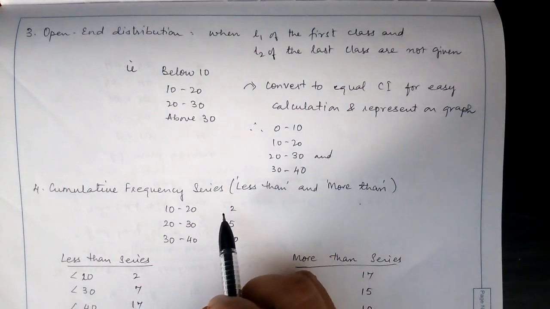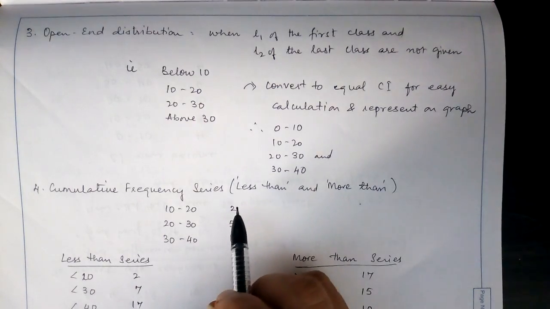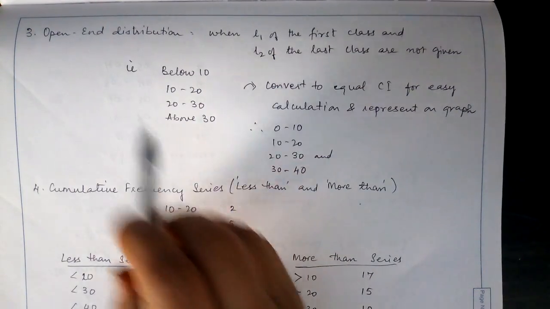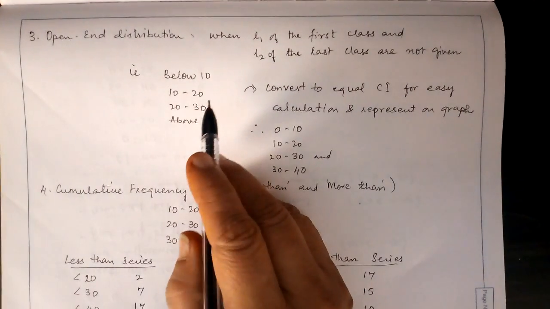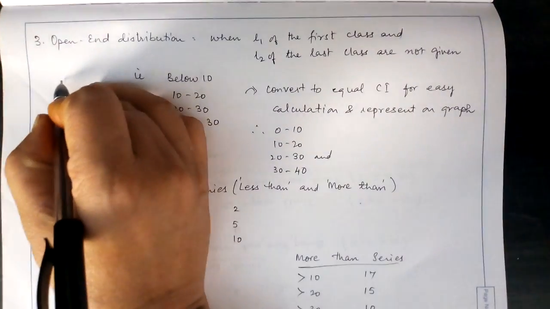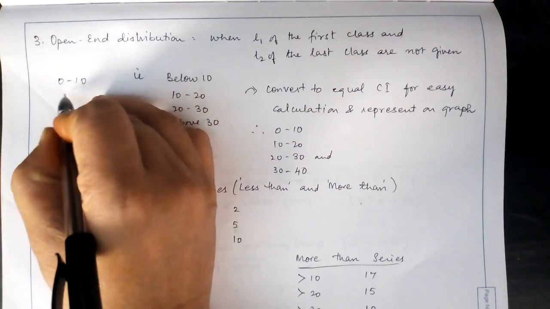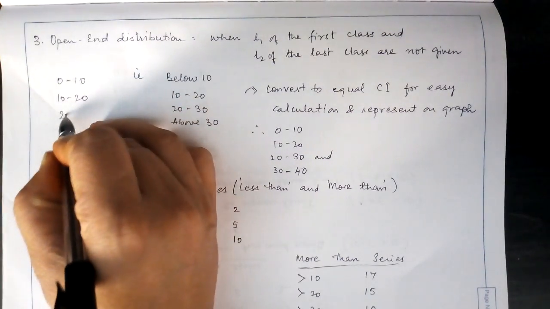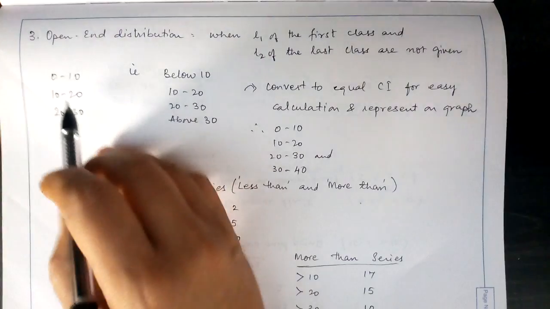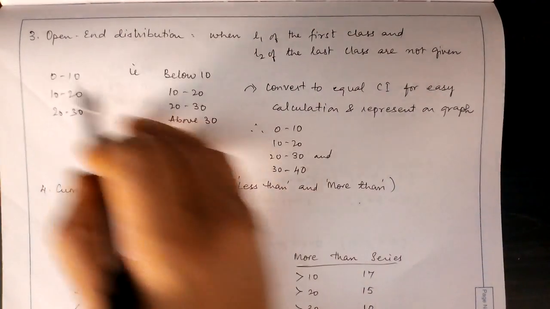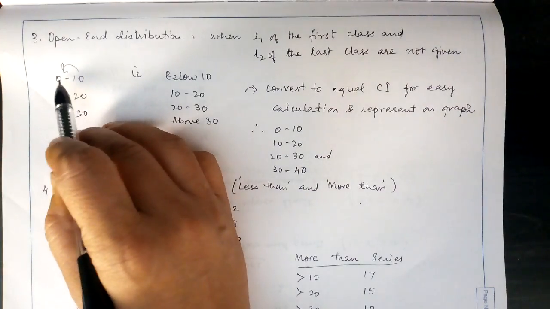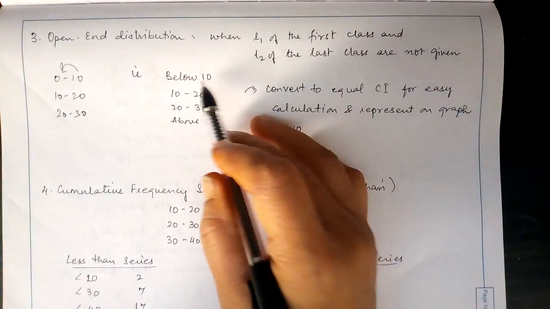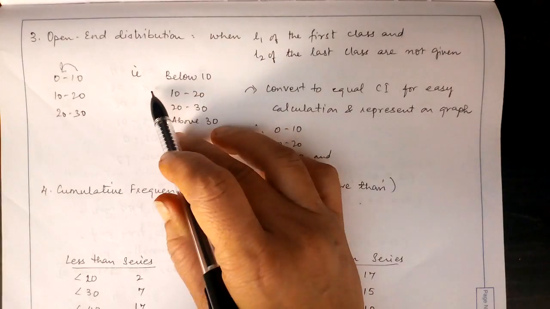Those class intervals where one of the limits is not mentioned is called an open-end distribution. Here we have the class intervals that we learnt, 0 to 10, 10 to 20, 20 to 30 and so on. And now we see below 10. So below 10 we don't have the lower limit.